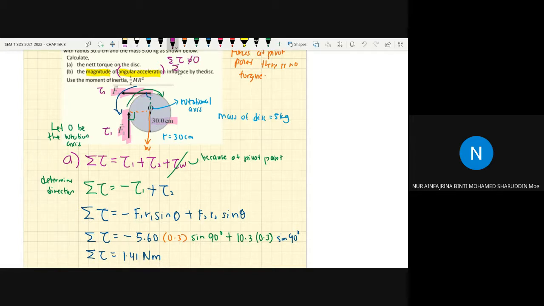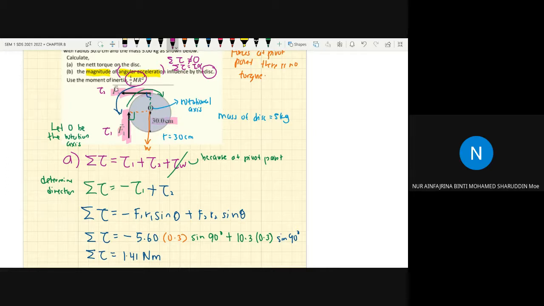Tetapi summation of torque dia sama dengan I alpha, influenced by the disk. Dan dia dah bagi tahu the moment of inertia untuk this, awak pakai formula half mr squared. Ini maksud Miss yang dia akan bagi dalam soalan, so you don't have to worry. Okay, nampak tak yang tadi kita dah belajar banyak-banyak formula tu? You don't really have to worry sebab dia akan bagi dalam soalan.